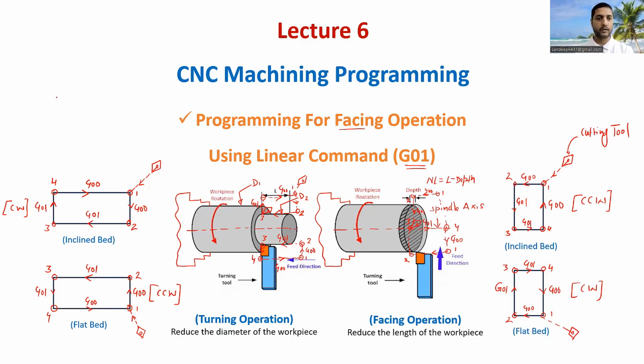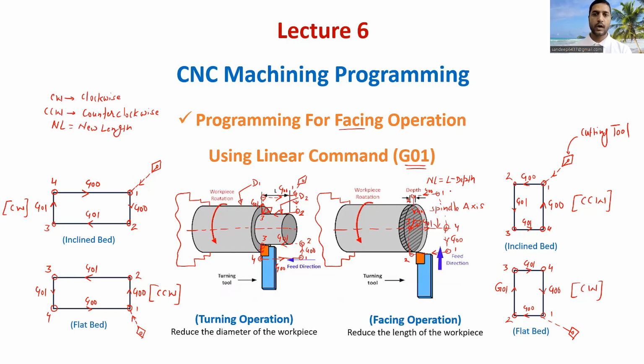I'm using CW, which is a clockwise notation, and CCW is counterclockwise. And L is the new length. This L is the old length.